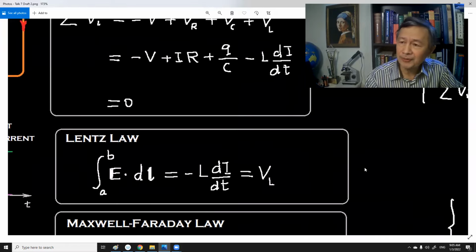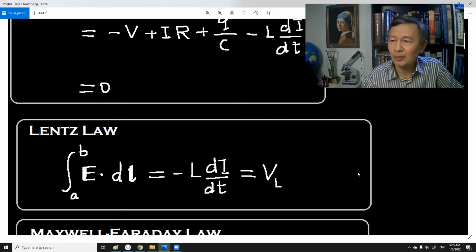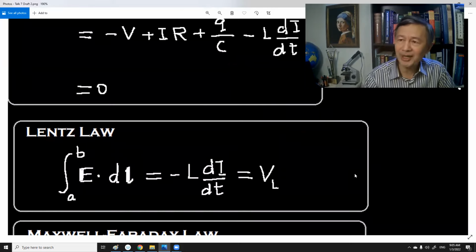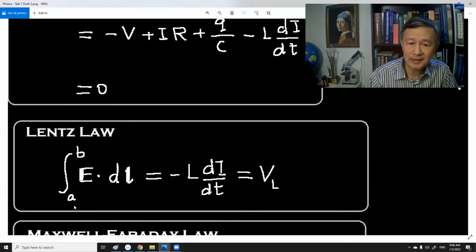Actually, if you don't mind, I can alternatively call it the Neumann law. We can use this equation to describe the Neumann law in order to understand the voltage induced by self-induction in this case. So you can consider the integral inside the inductor exactly. This integral exactly follows the curve.